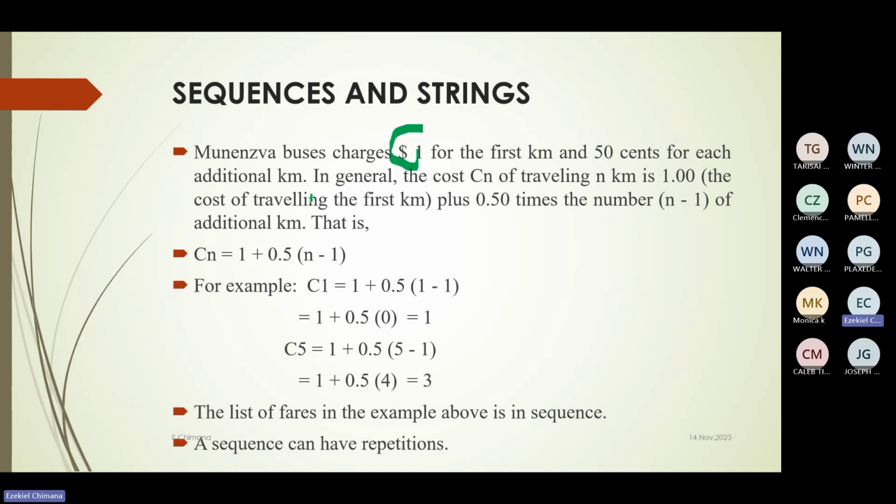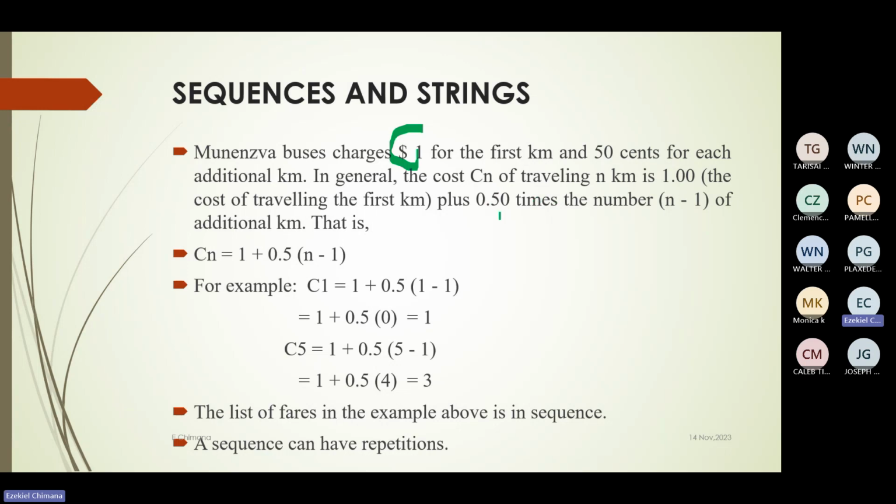So the first kilometer is just $1, then for every additional kilometer, you incur a 50 cents charge. In general, the cost Cn of traveling n kilometers is the cost of the first kilometer, $1, plus 50 cents times n minus 1, the number of additional kilometers.